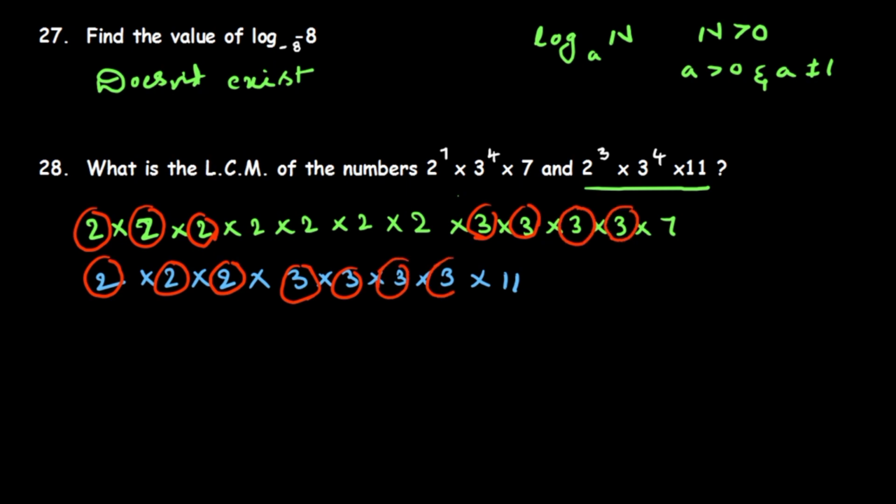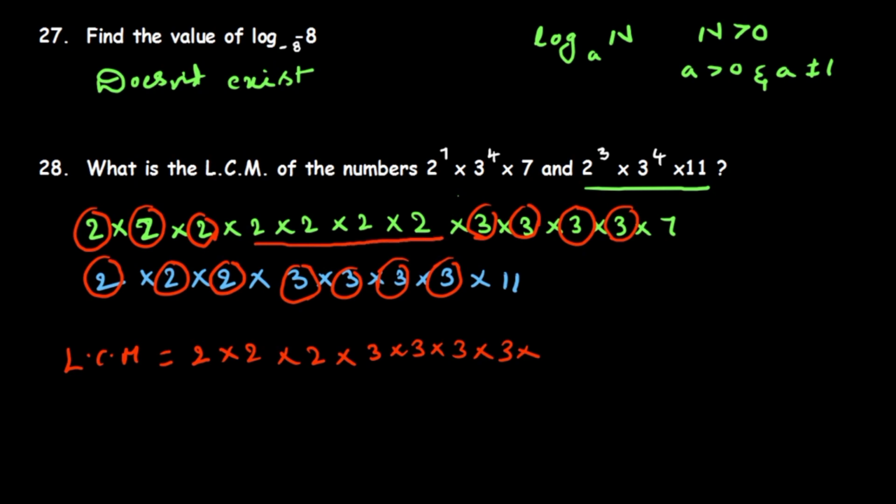To find the LCM, first we write what is common here: 2 into 2 into 2 into 3 into 3 into 3 into 3. Instead of this, I am going to write 2 to the power of 4 into 7 into 11.